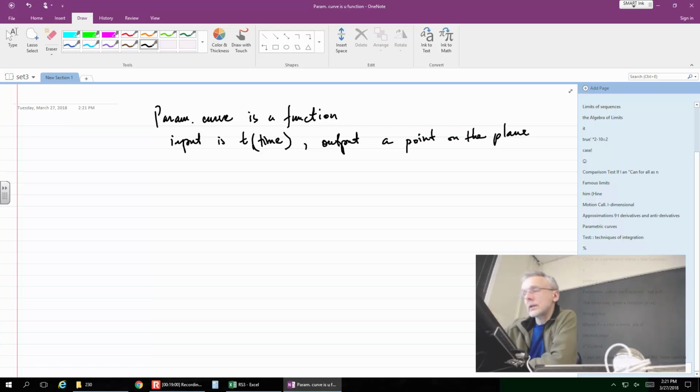So once again, it is the best way to have an example of a parametric curve that incorporates everything that you might face when you study them. It is motion. Okay, so motion: t is time, x, y is location, and that's your parametric curve.